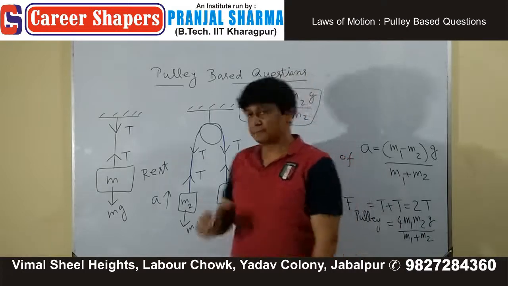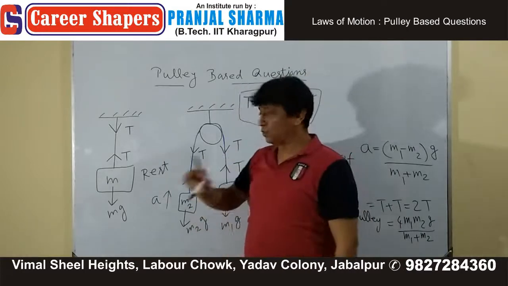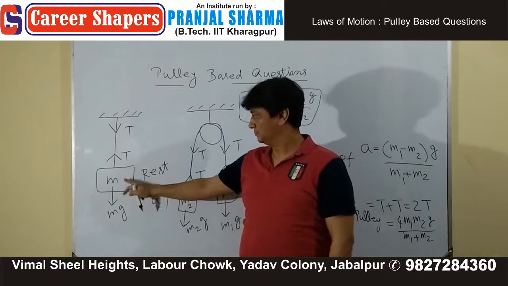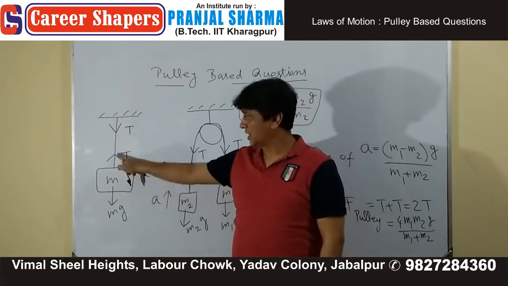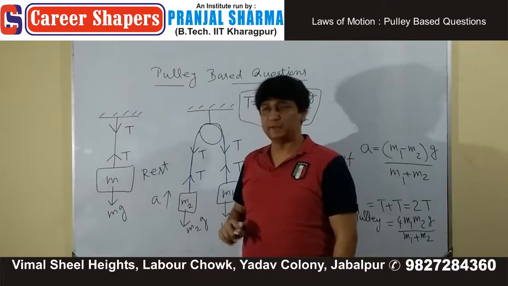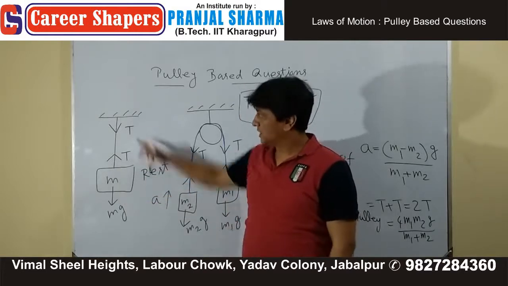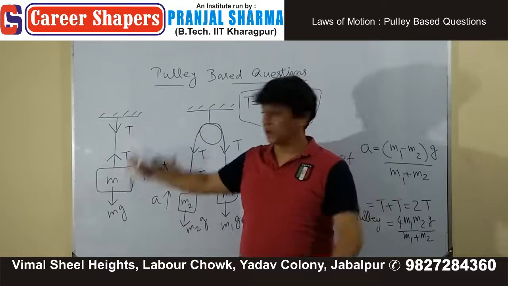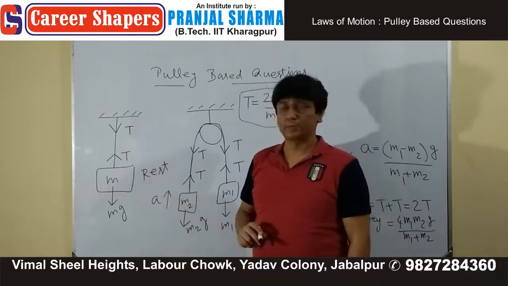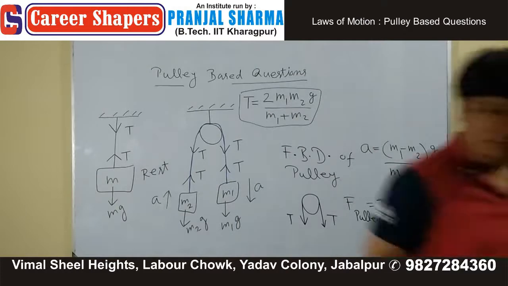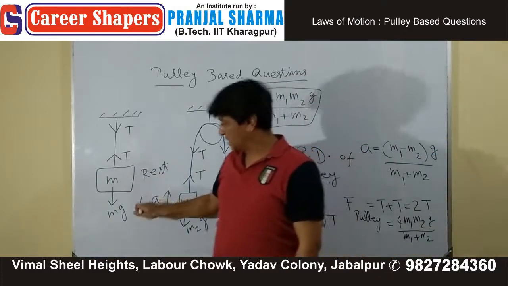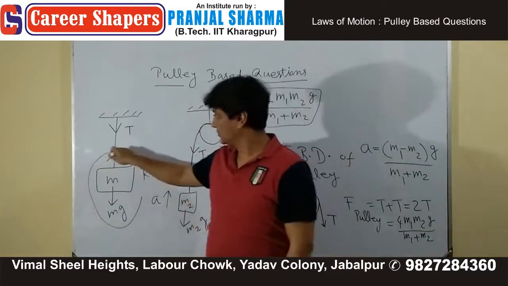The thing is, if you talk about m, इस m पर एक फोर्स ऊपर लगा T और एक फोर्स नीचे लगा mg. इस T से मतलब नहीं है अगर इस m की बात करोगे. तो अगर केवल इस m की बात करते आप, तो केवल इतना पोर्शन देखना है.